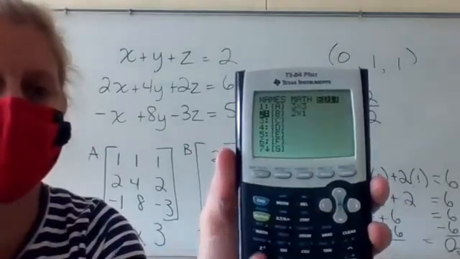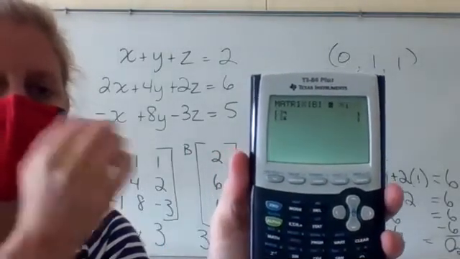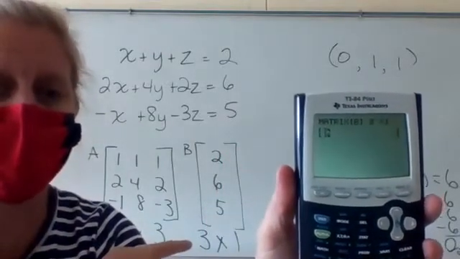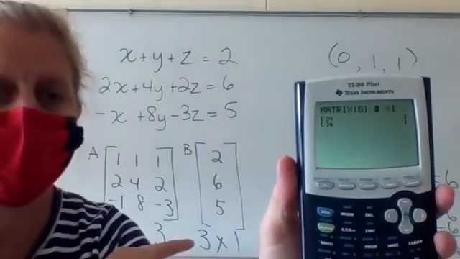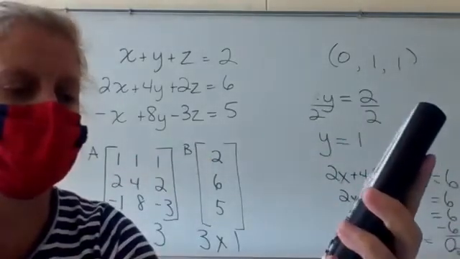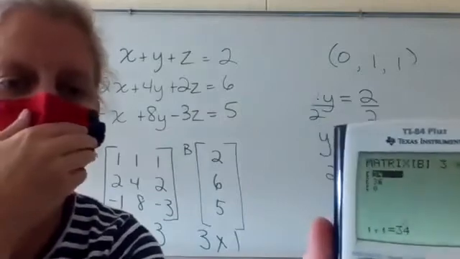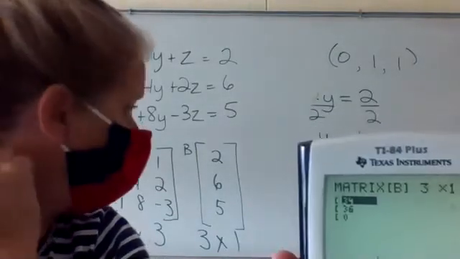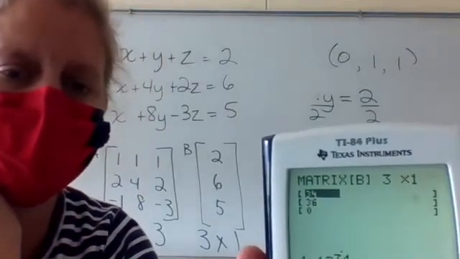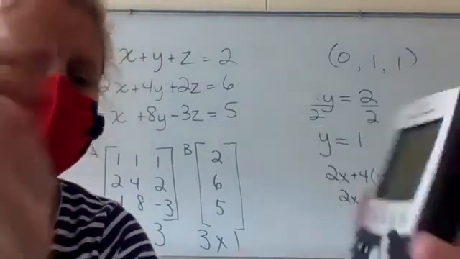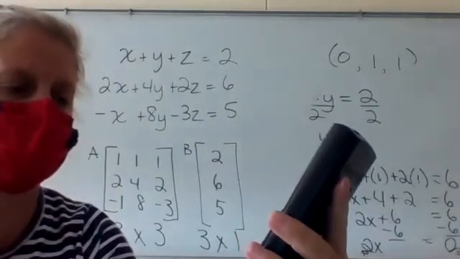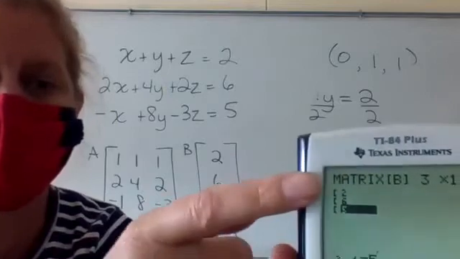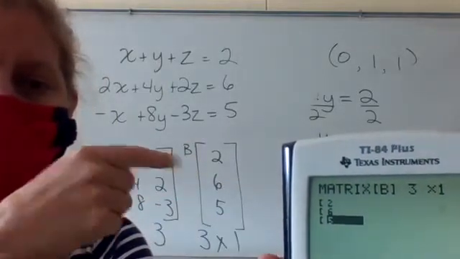Down to matrix B to edit that one. So matrix B is 3 by 1. So I need to tell it 3, enter, 1, enter to change it to a 3 by 1. What are my numbers? 2, 6, and 5. So 2, enter, 6, enter, 5, enter. So make sure matrix B in your calculator matches matrix B from the problem.